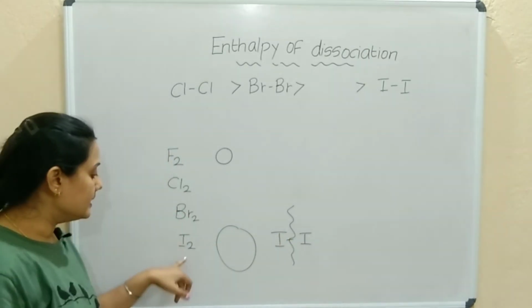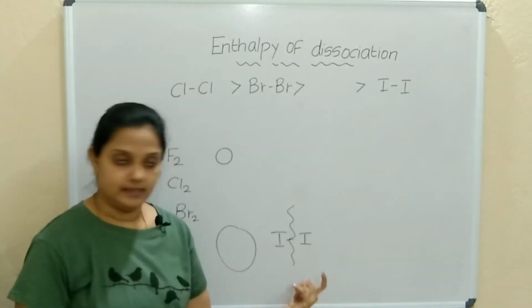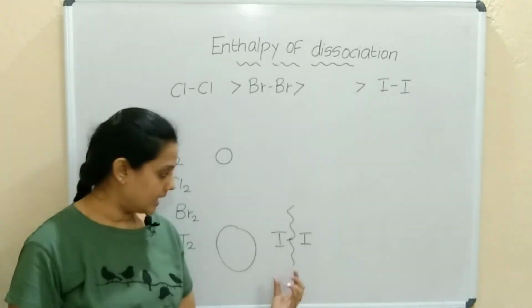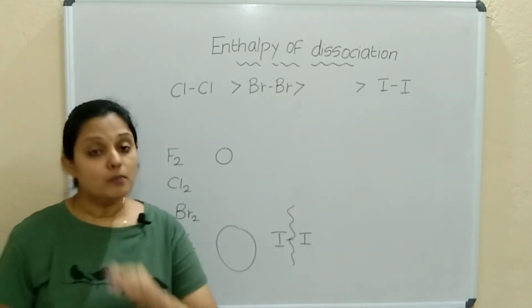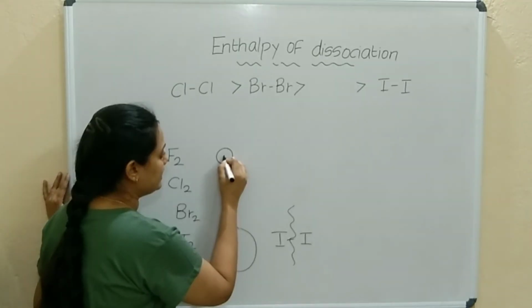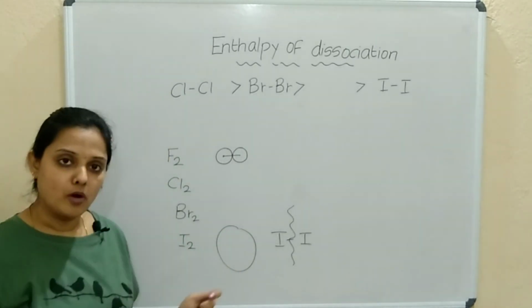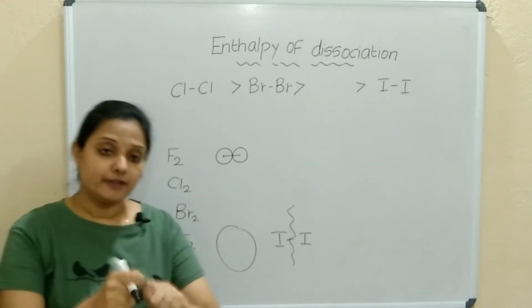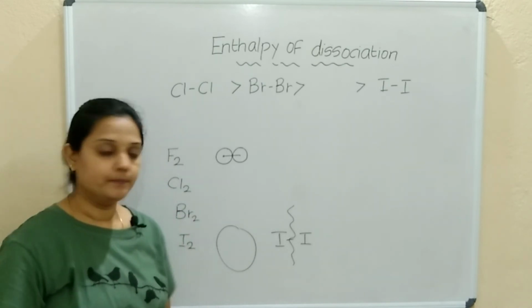Less energy is required to break the bond between I and I, right? For fluorine, more energy is required. Why? Because the bond length is very small, and it will be difficult to break the bond. More energy is required to break the bond.